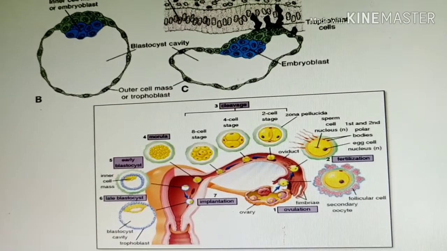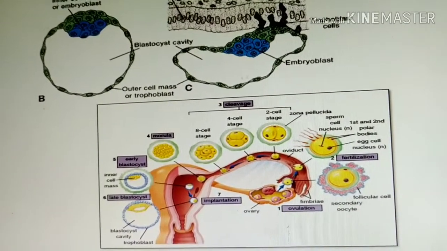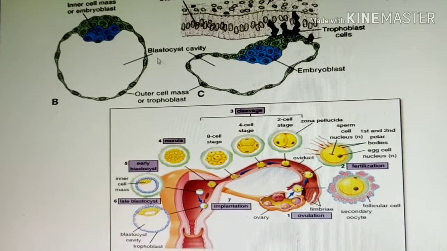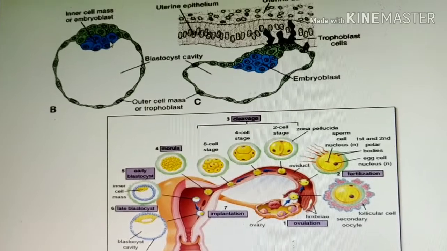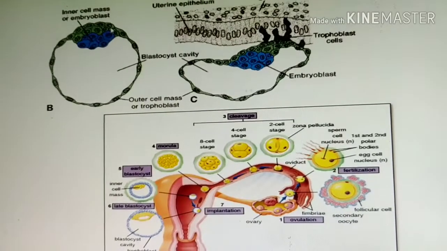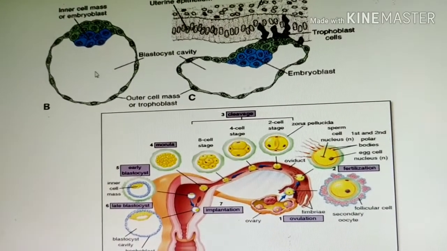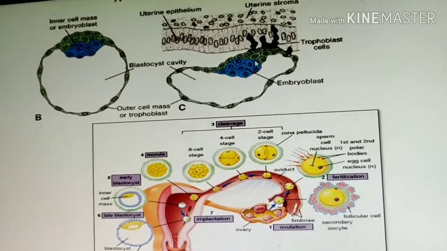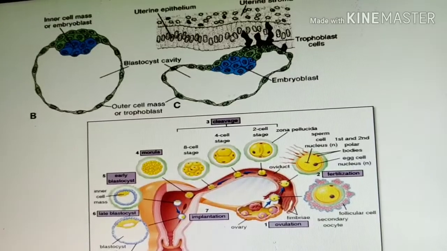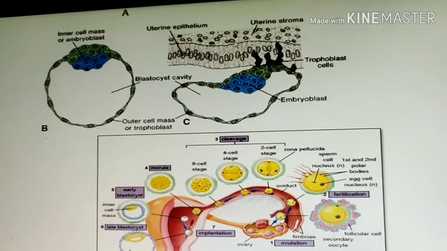Before we start this week, we memorize this is the blastocyst and this is the embryonic pole, the embryoblast, and surrounding the trophoblast, the blastocele cavity. And this is the embryonic pole which erodes and gradually embeds in the endometrium of the uterus.